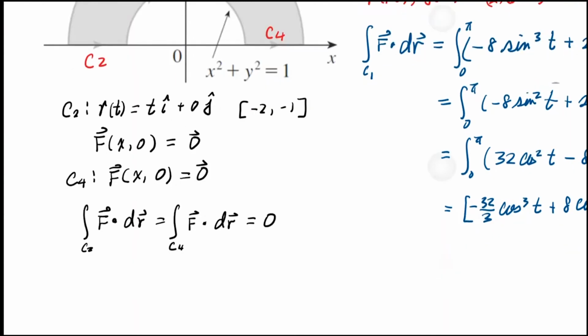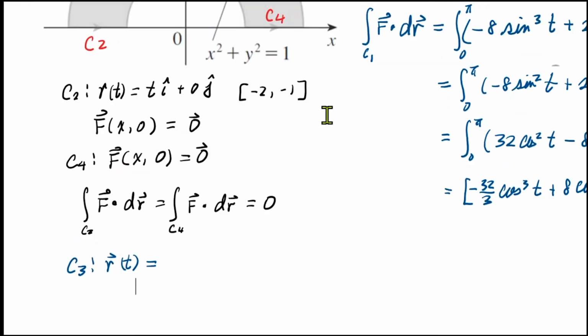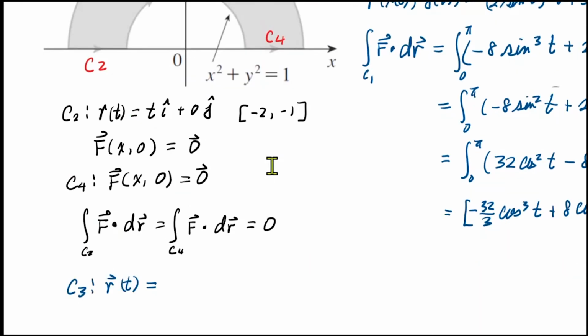Okay, now we only have C3 left. Let's do C3. We have to come up with a vector function r, and now we have to reverse the direction, don't we? We're going that way, correct? So we want to start from -1 that way.